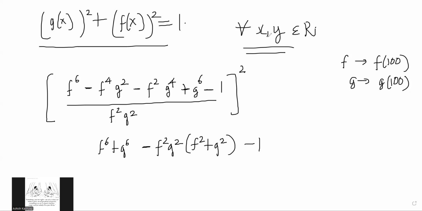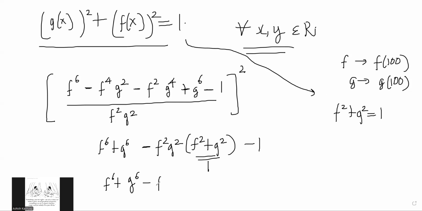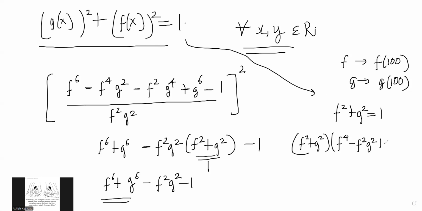Notice that f square plus g square is always 1. So this part becomes 1. So this is becoming f power 6 plus g power 6 minus f square g square minus 1. And now we'll use a cube plus b cube formula here. This becomes f square plus g square times f power 4 minus f square g square plus g power 4, minus g square f square minus 1.